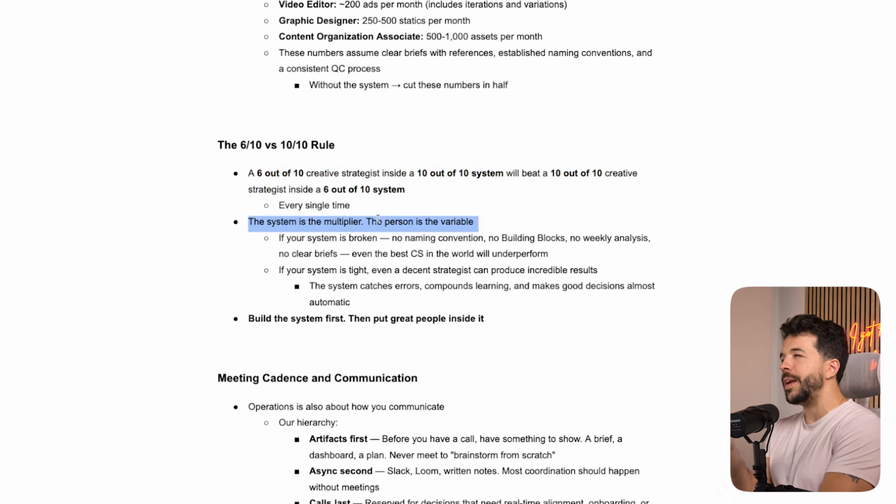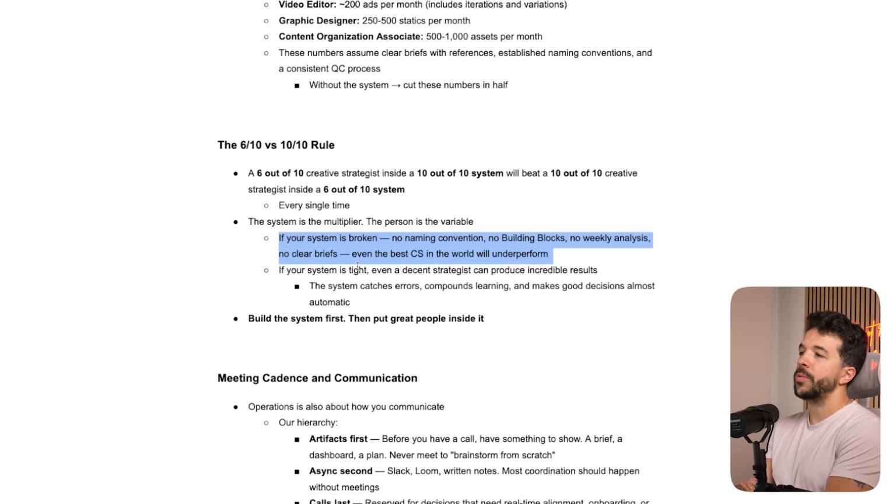The person is variable, meaning you need somebody who's very good at executing, that's very good at making sure that the system keeps getting executed, everything works, but you don't want to waste your time looking for that unicorn and giving them a 4-month trial, because it's not what actually moves the needle. What moves the needle is building a strong system. If your system is broken, even the best creative strategists in the world will underperform.